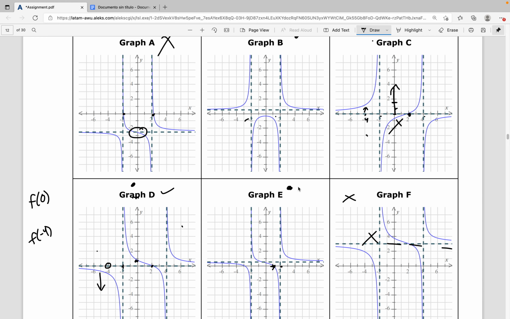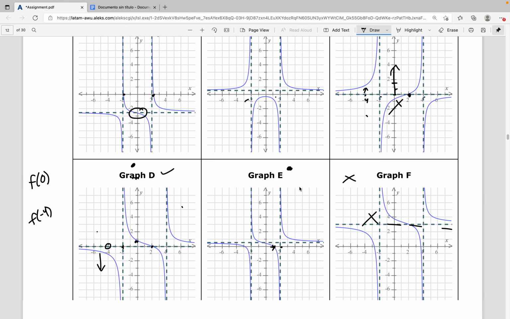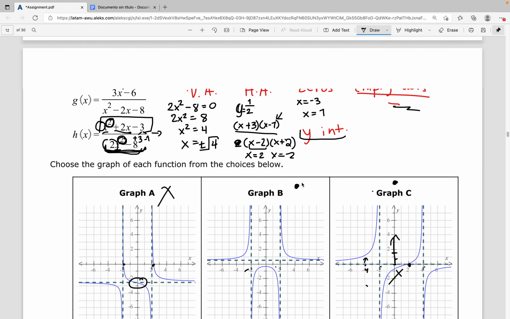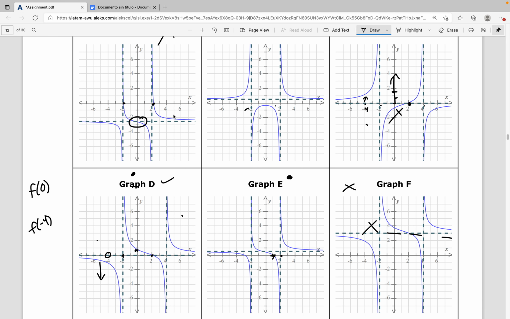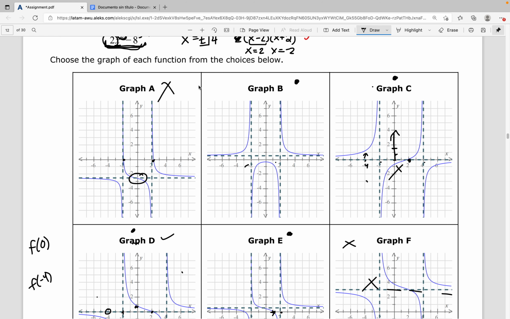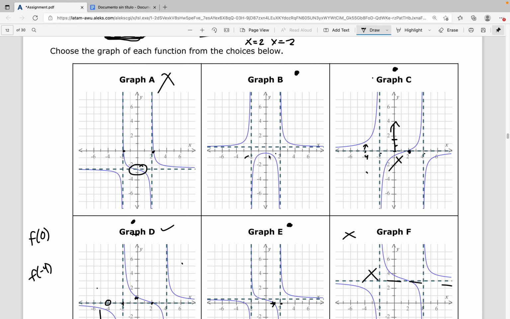Now let's look at the zeros, because we have the zeros, right? We have two values for zeros, negative 3 and 1. So does this one have it at negative 3? Wait, was this an option? No, this is not an option. Okay, so do we have a 0 at negative 3? No, this one actually doesn't have any zeros.